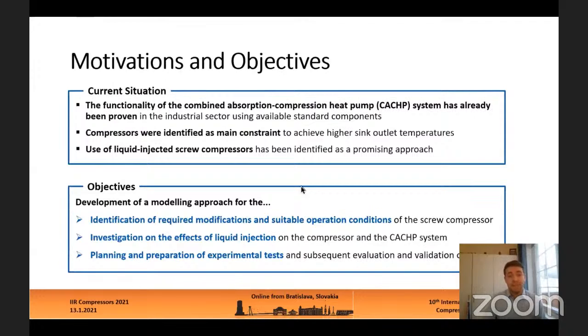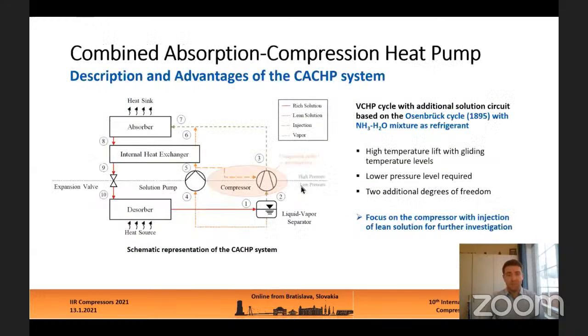The second is the investigation of the effects of liquid injection. It is a complex process, so we want to see how this affects the compressor and the performance of the whole heat pump system. The last one is the planning and preparation of experiments for a later stage, and subsequent evaluation and validation of the model.